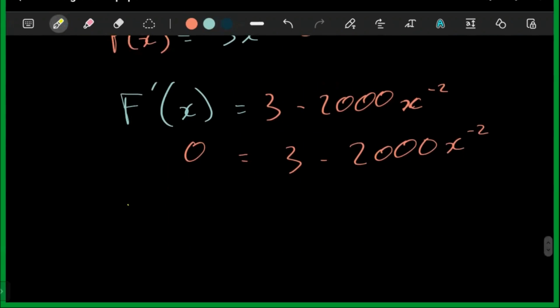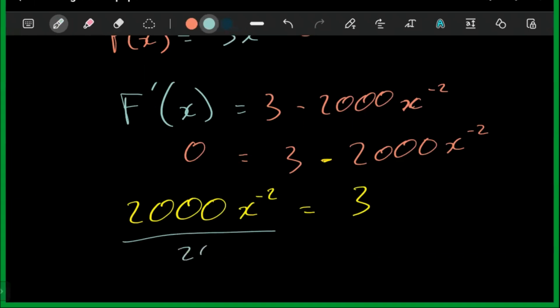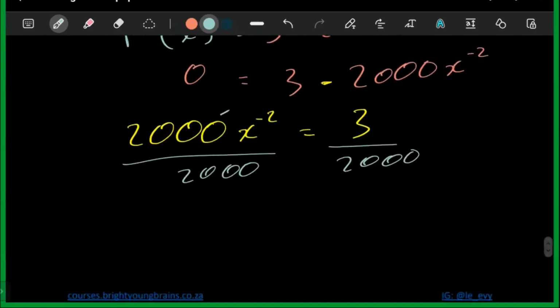This can just go over to the left side. It becomes a positive 2000 x to the power of negative 2. Remember, moving it to the other side does not affect the exponent. It only affects the sign here. So you're going to divide both sides by 2000 here.